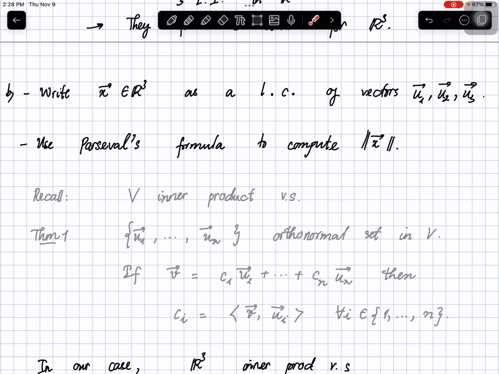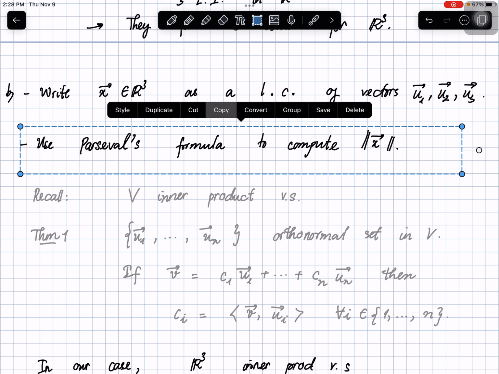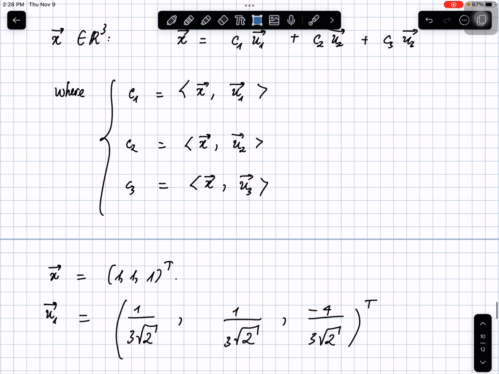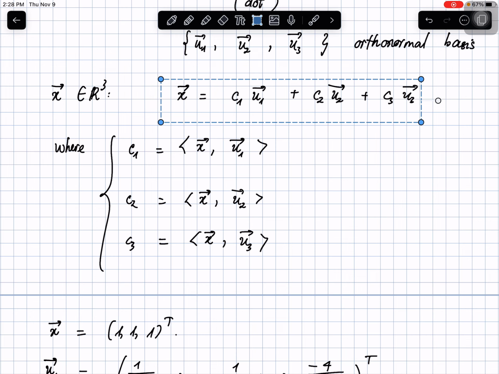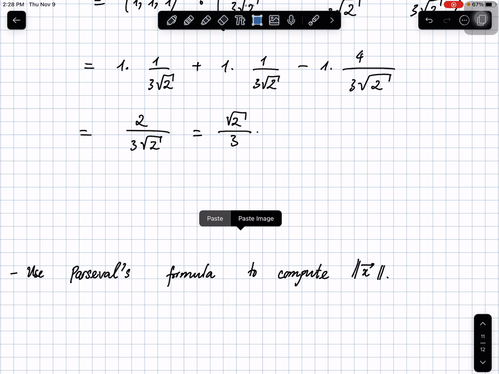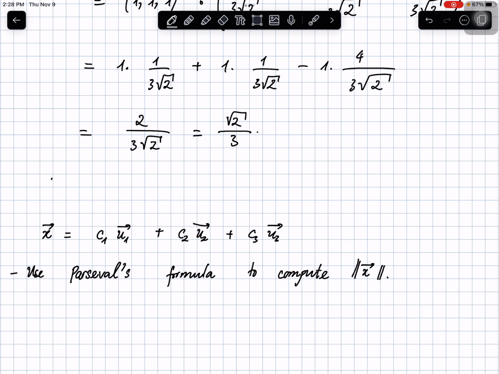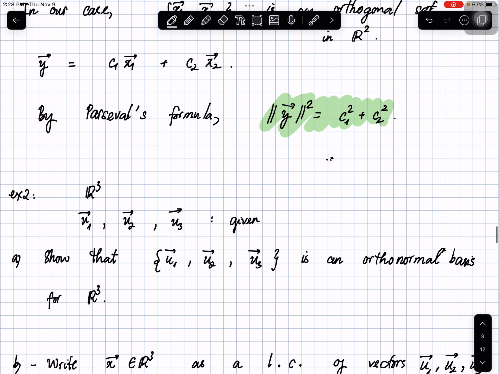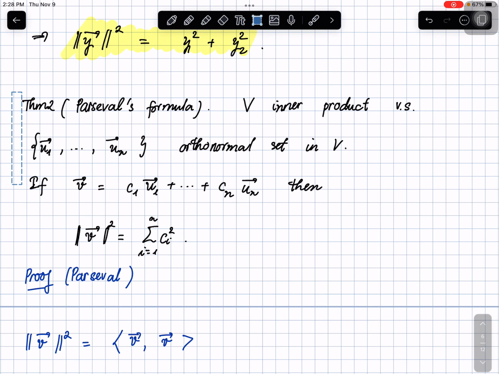And we get x equal to this form, with explicit values c1, c2, c3. Now we use the Parseval formula to compute the norm of x. Recall the Parseval formula that we proved before.